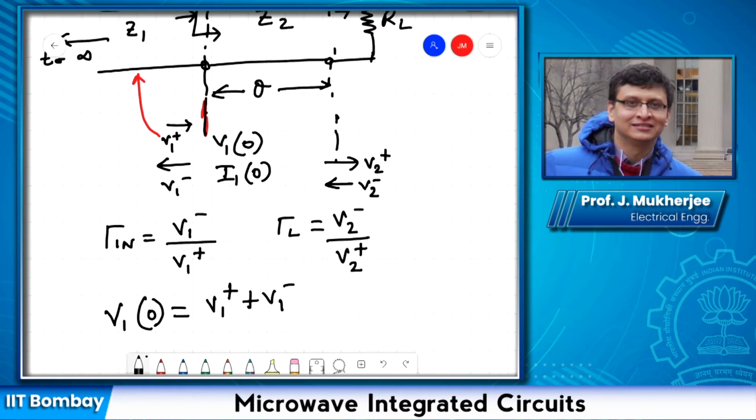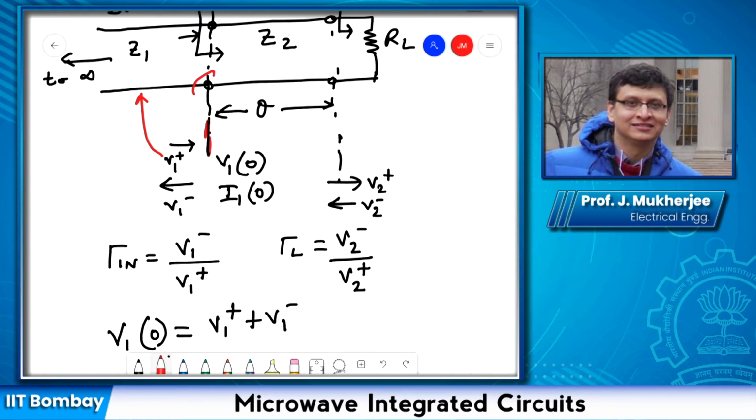Now see, at this plane or along this line, when I write V1 plus and V1 minus, it refers to the voltage that I am seeing from this transmission line. What is the voltage that I am seeing from this transmission line? I already have these values.